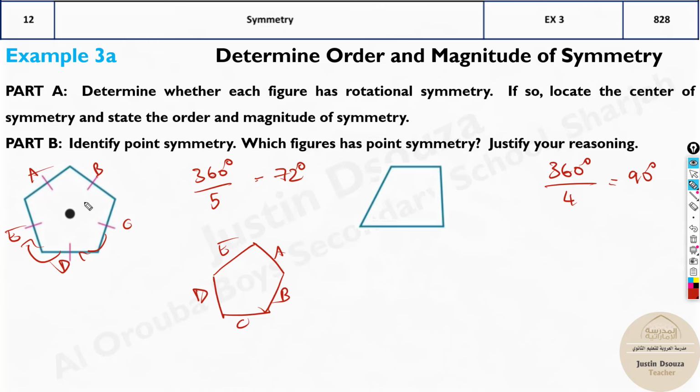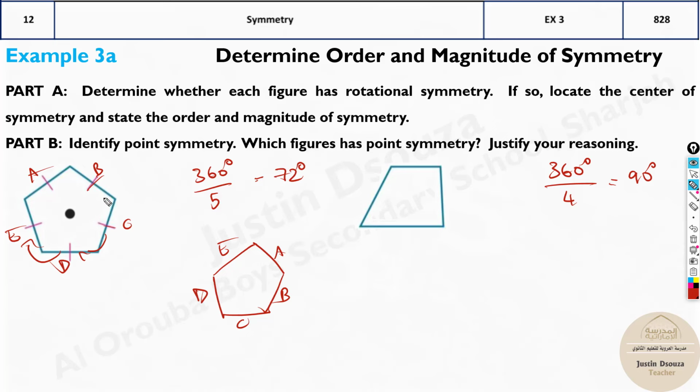Now this is not accurate, but if you draw it accurately, it maps onto itself. That means it has rotational symmetry before 360 degrees. You don't have to wait for 360, right? We already got it. Now, if it is all regular sides, regular meaning equal sides, this is the angle of rotational symmetry.